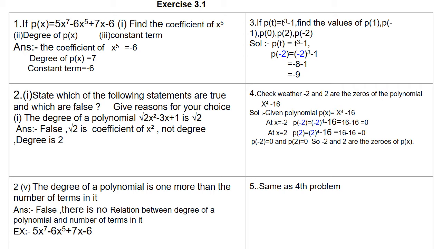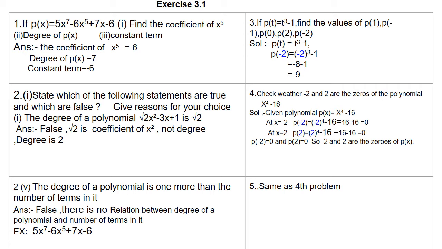Now, what is the answer here? x to the power of 5 is in the second term. Here, the second term is minus 6x to the power of 5. In minus 6x to the power of 5, minus 6 is the constant, x is the variable. The constant minus 6 is the coefficient of x to the power of 5. Therefore, the coefficient of x to the power of 5 is equal to minus 6.